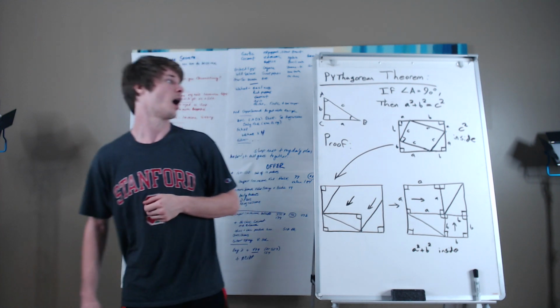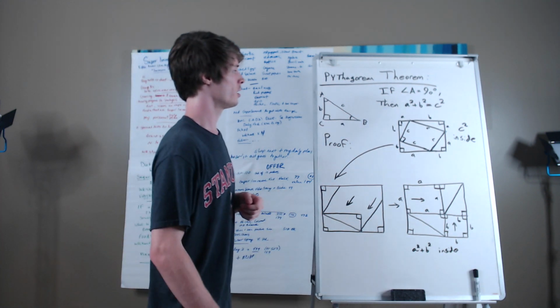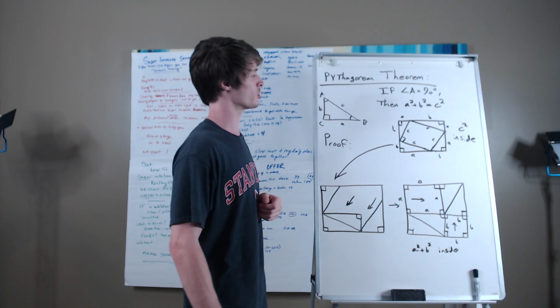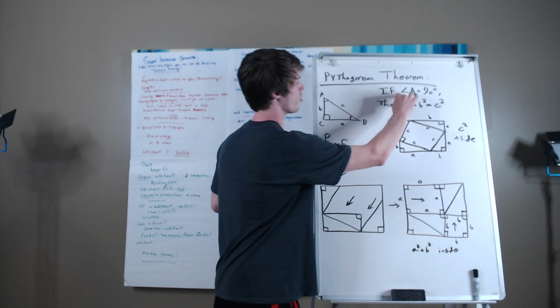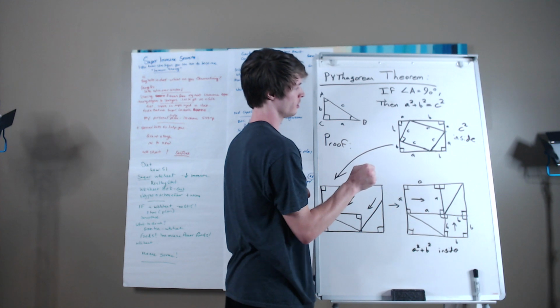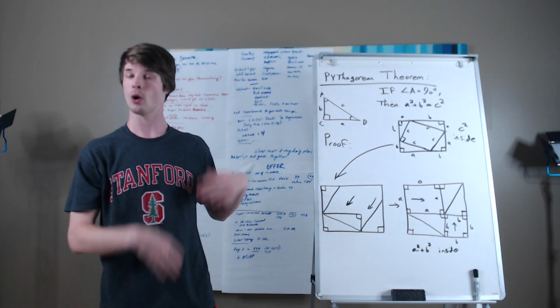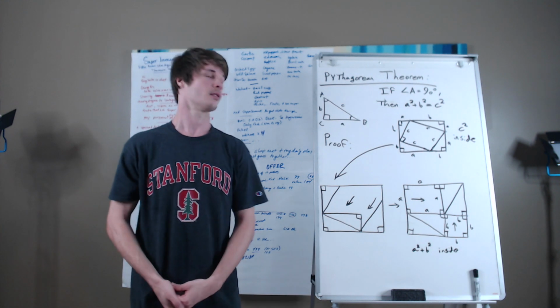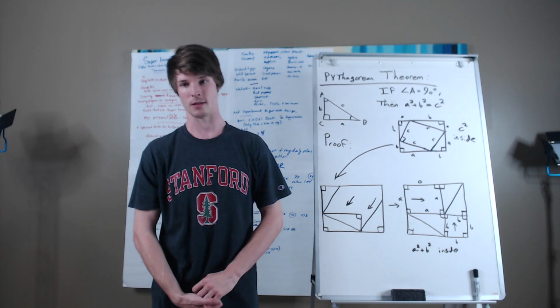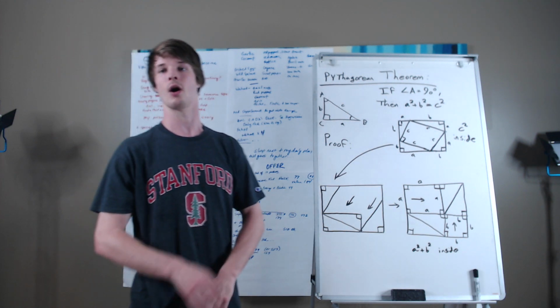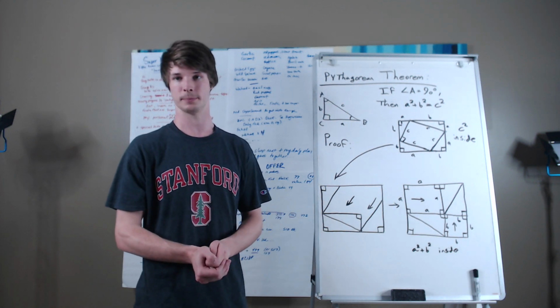And if I am able to show, just based on our truth table that we were looking at last time, that whenever this first part is true, the second part must be true, then I know that my whole implication, if the angle is equal to 90 degrees, then a squared plus b squared is equal to c squared, is true.